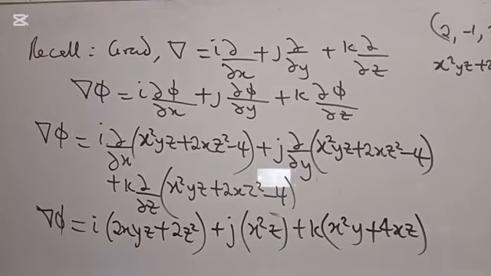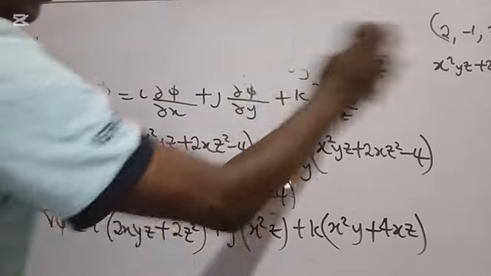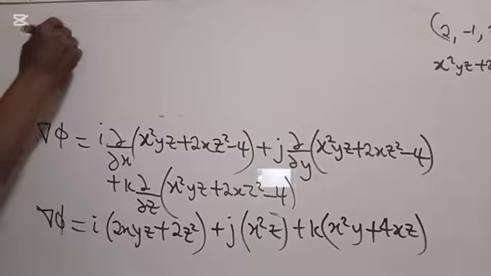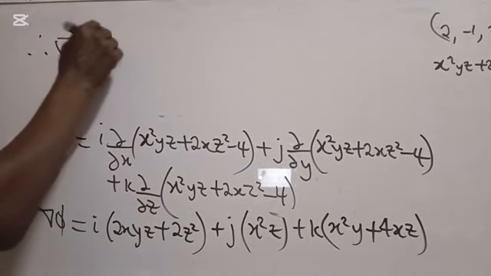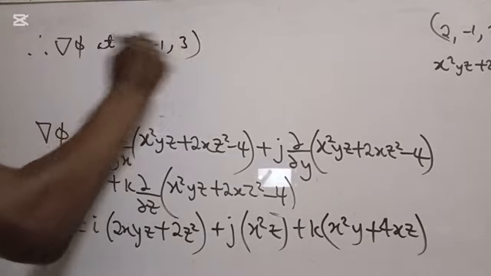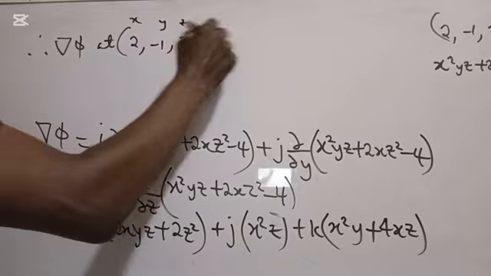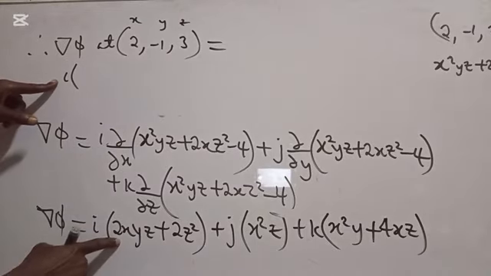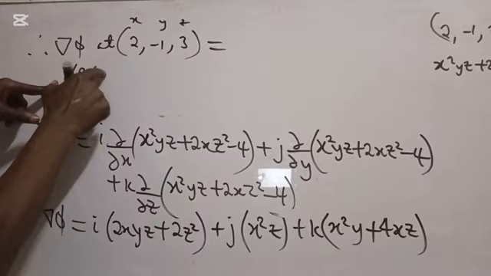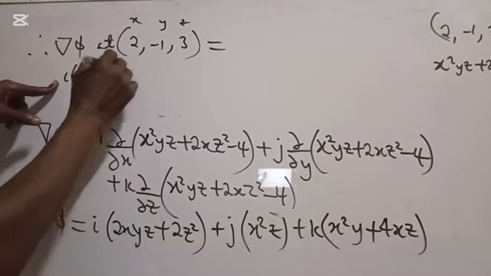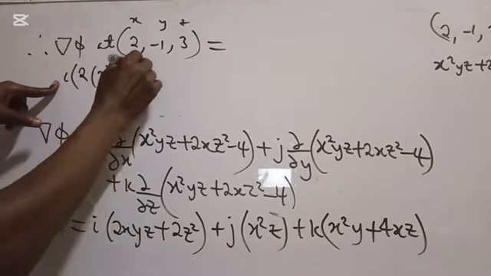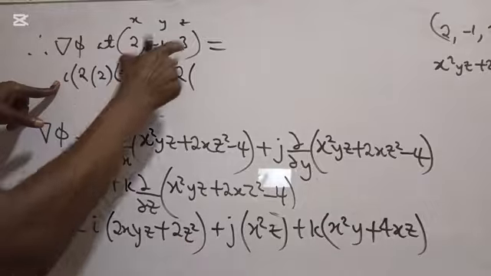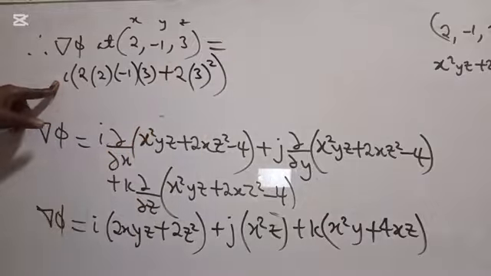So therefore, grad phi at 2, minus 1, 3, that is x, y, z, will be equal to: there's i, 2 times x, which is 2, our y is minus 1, our z is 3, then plus 2, our z is 3, 3 squared, you close that bracket for i.